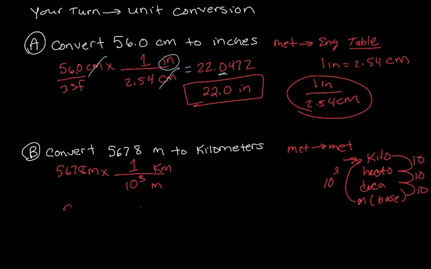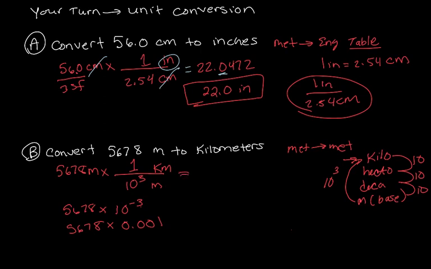Because at the end of the day, remember, the reciprocal of an exponent is 10 to the negative third. So we go ahead and we do this in our calculator.